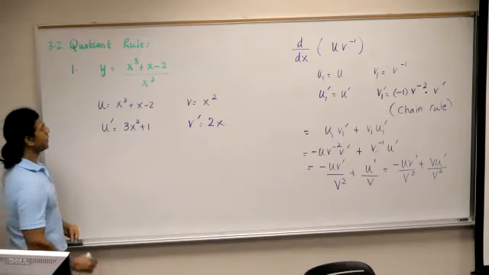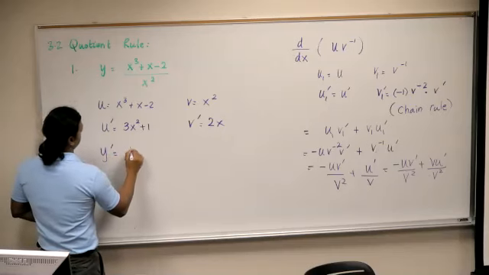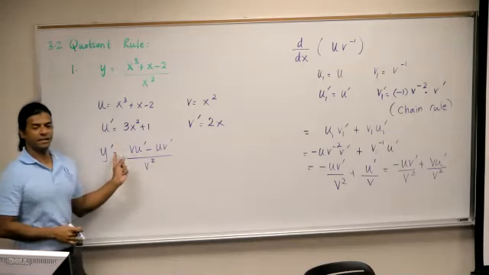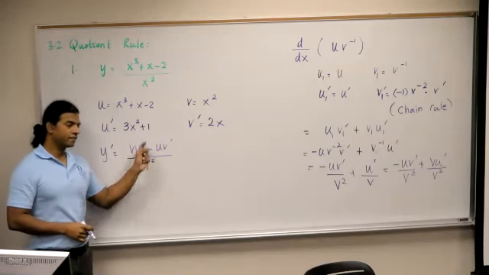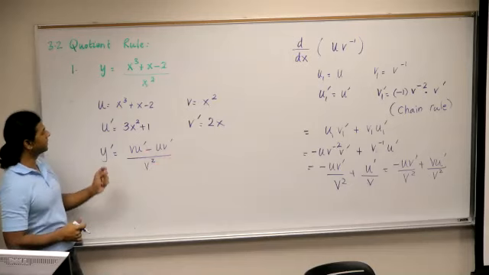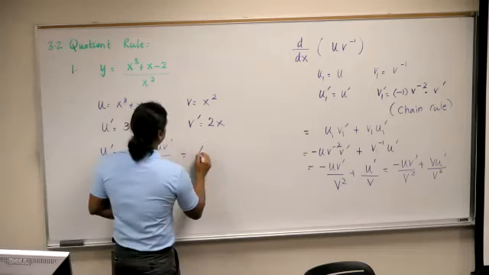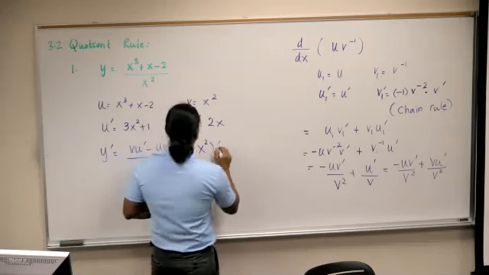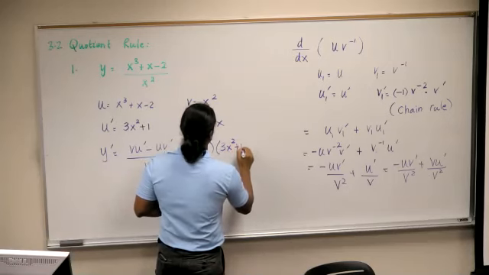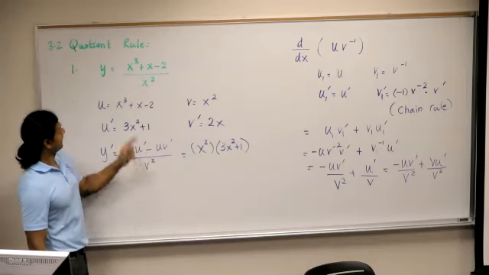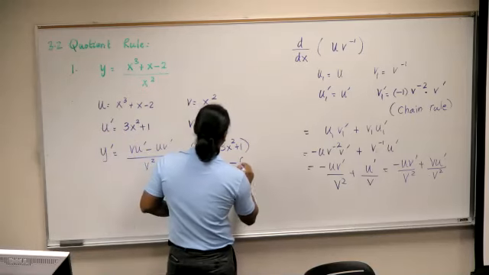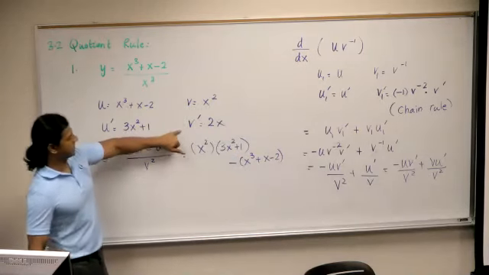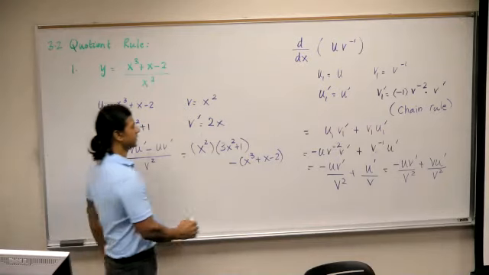And now I could find y prime easily. v u prime minus u v prime, divided by v squared. So x squared multiplied by u prime, minus u multiplied by v prime, which is 2x.